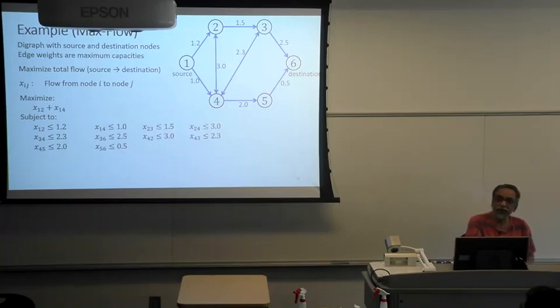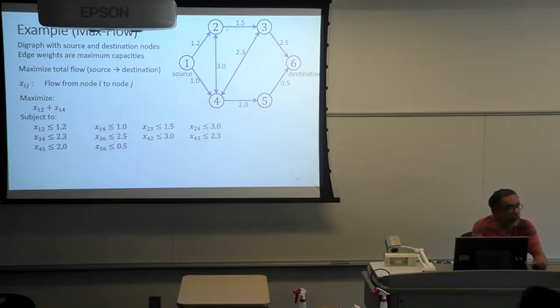There is another set of constraints. For each node, excluding the source and the destination, for all the other intermediate nodes, the inflow should equal the outflow. None of the intermediate nodes, 2, 3, 4, and 5, have the capacity to store water. So the inflow must equal the outflow.